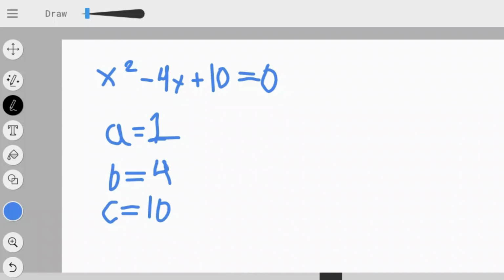But basically, it's going to be x equals negative b plus or minus the square root of b squared, b to the second power minus 4 times a times c, all over 2a.